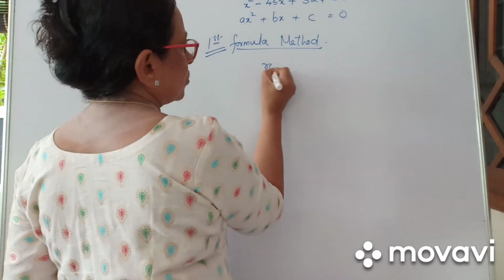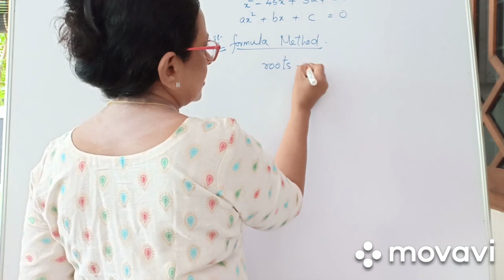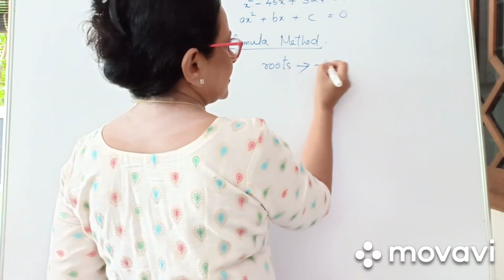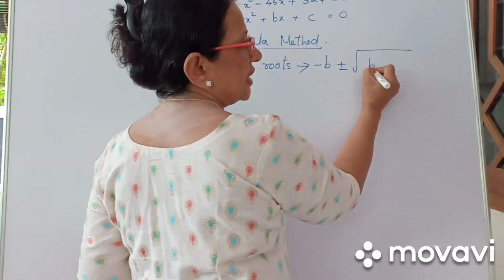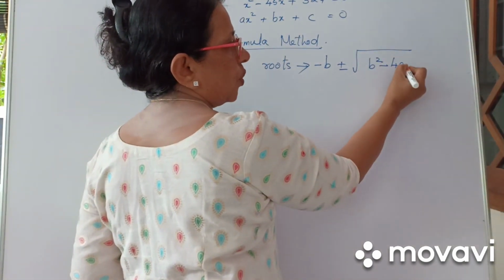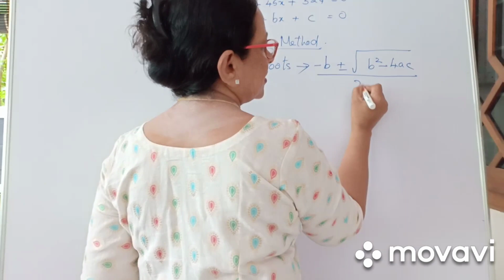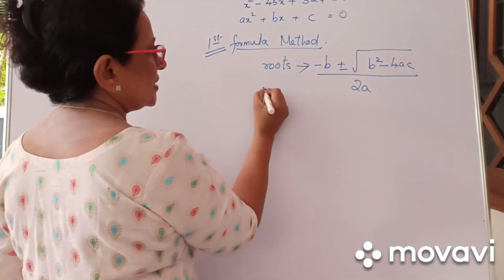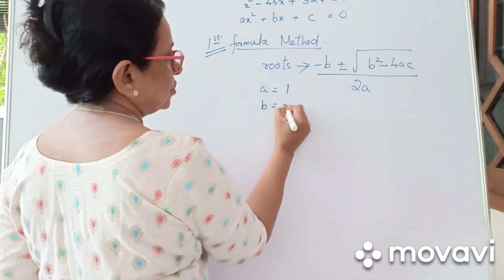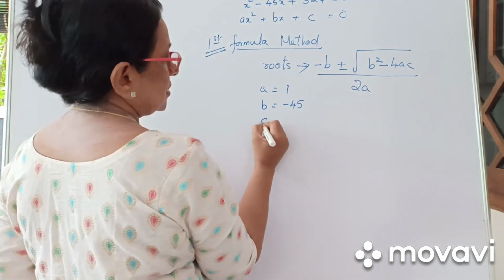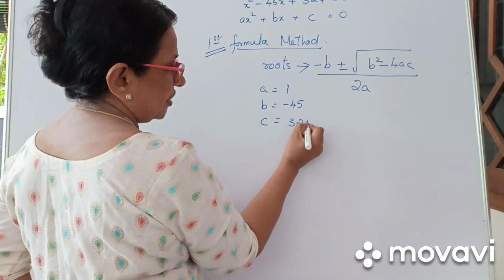For the formula method, you know the roots of the equation are given by negative b plus or minus root of b squared minus 4ac, the whole by 2a. Now, A is equal to 1, B is equal to negative 45, C is equal to 324.